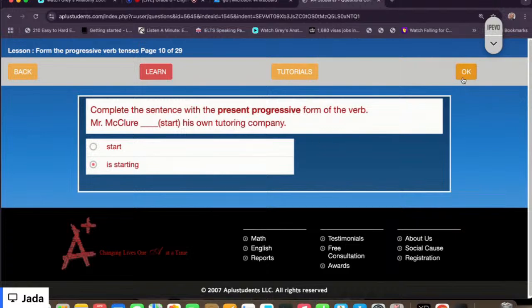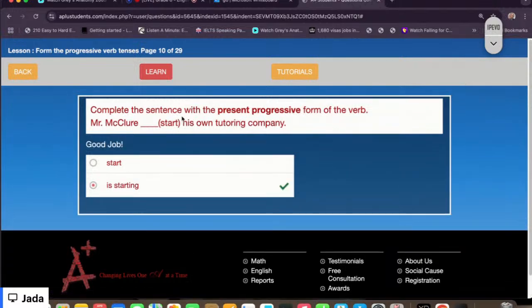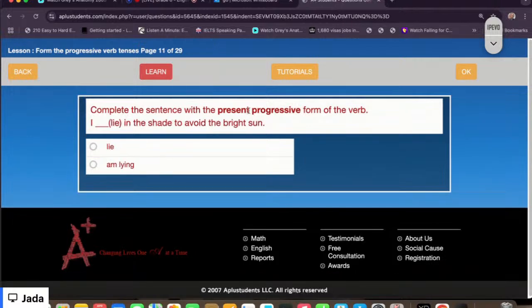So we have is starting. Alright, that's it for the lesson on the progressive verb tenses. If you haven't done this lesson, you have to make sure that you complete it, of course, in your free time. But before we end, can you tell me if you have any questions or not?